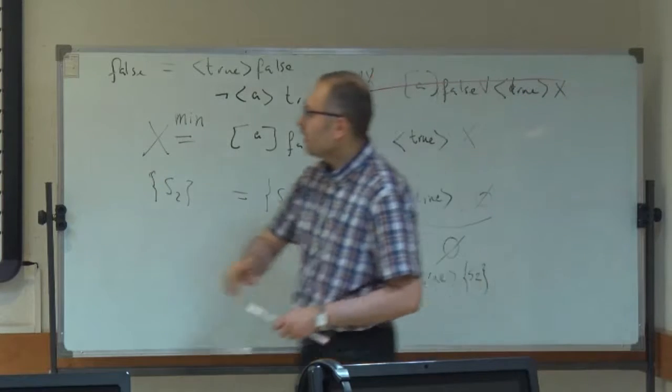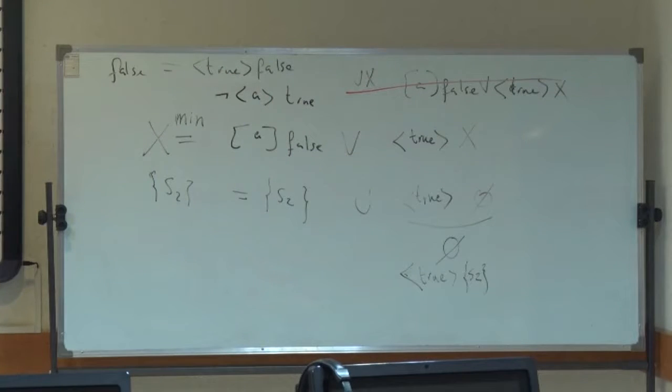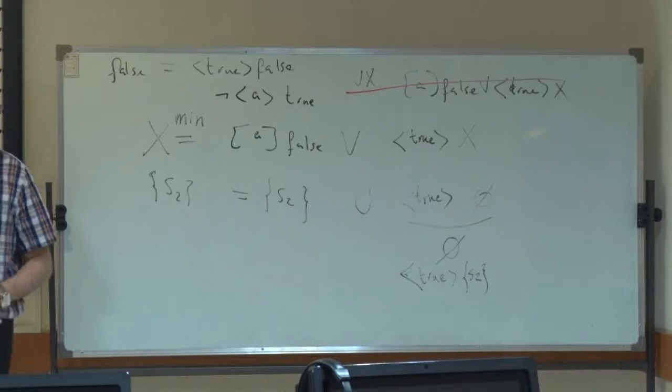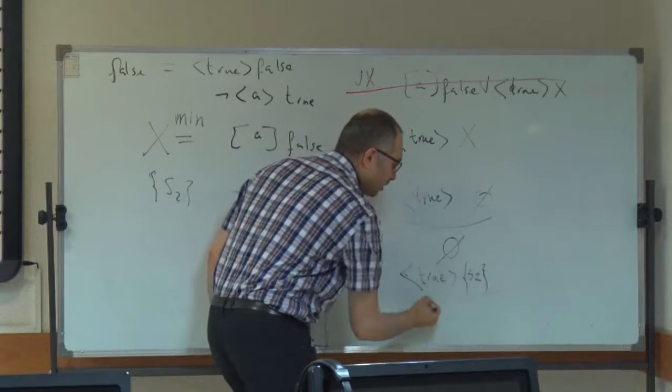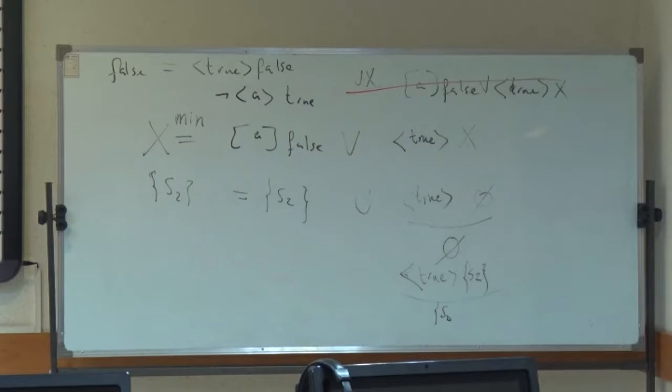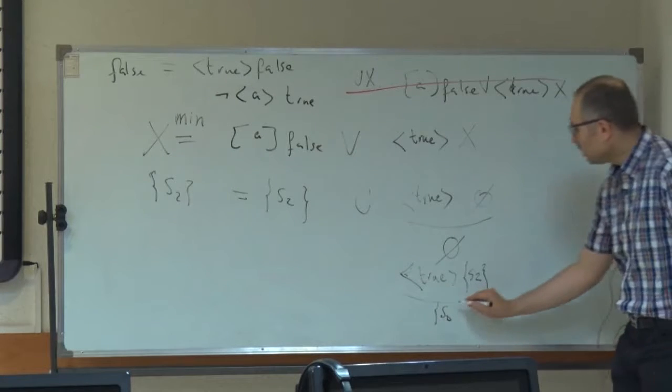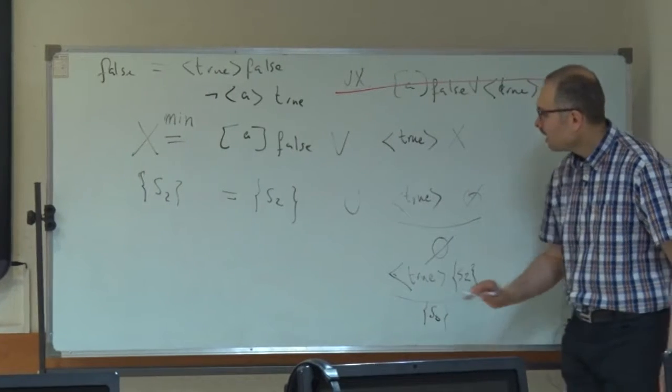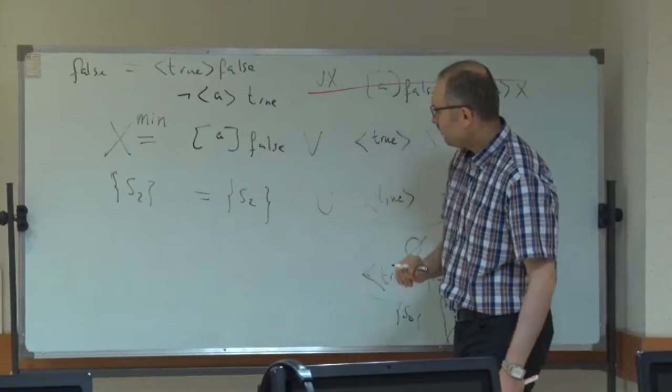S0, right? From S0, if you take this A transition, you end up in S2. So S0 is definitely in the semantics of this formula. Anything else? Any other state that can do something and end up in S2? No, right? There is no other state that can do something and end up in S2. What states satisfy this?